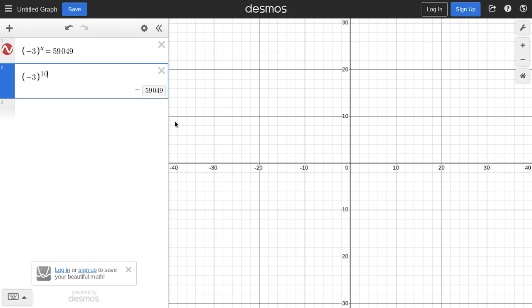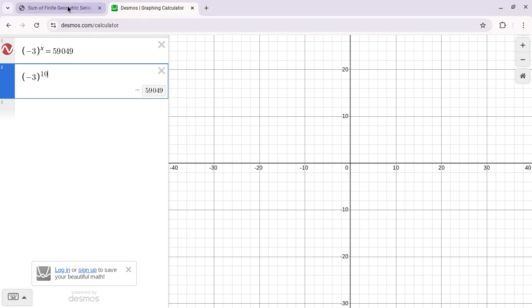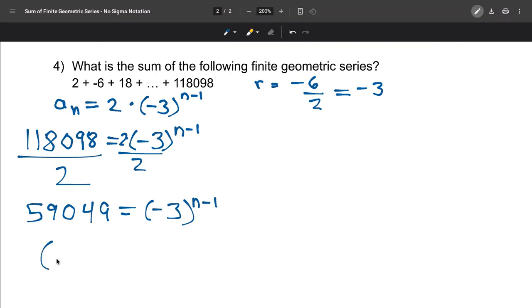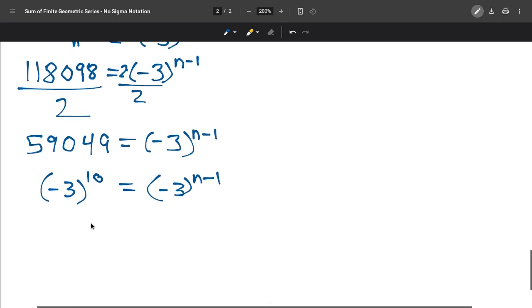All right, so 59,049. So I know that -3 to the 10th power is equal to -3 to the n minus 1 power. So 10 is going to equal n minus 1. I'm going to add 1 to both sides, and I'm going to get 11 equals n.